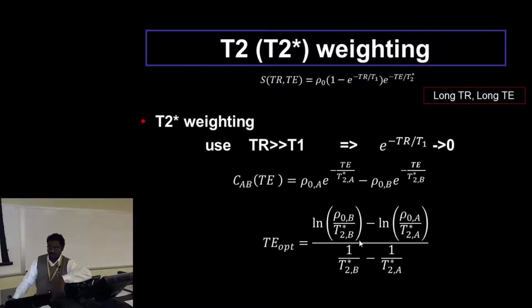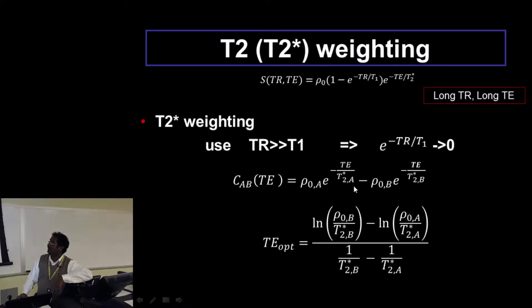The same thing is given here in equation form. Essentially TR is much greater than T1, and your TE is long or comparable to your T2s. When TR is long, this goes to 0. Can everybody see that? Okay. Now all you are left with is rho times e power minus TE by T2 star.